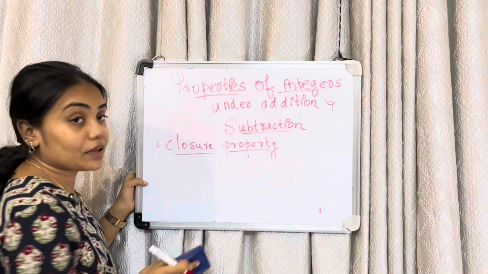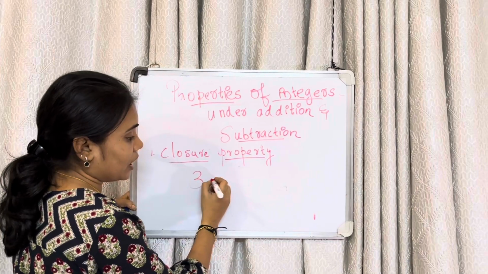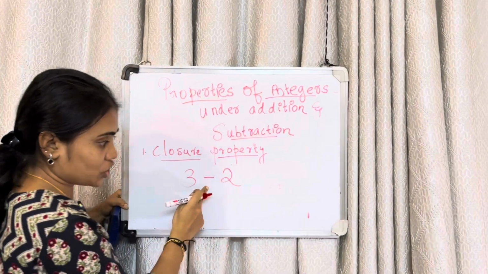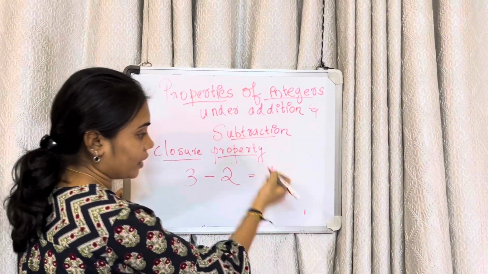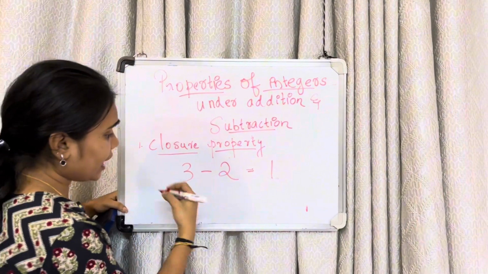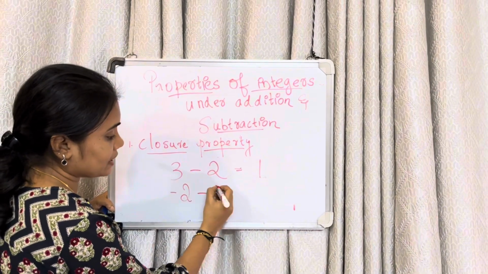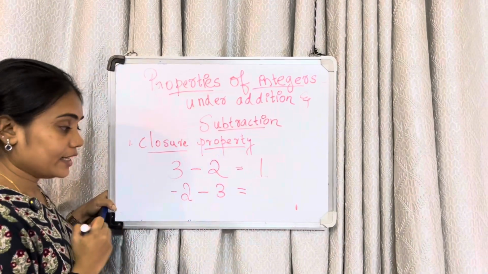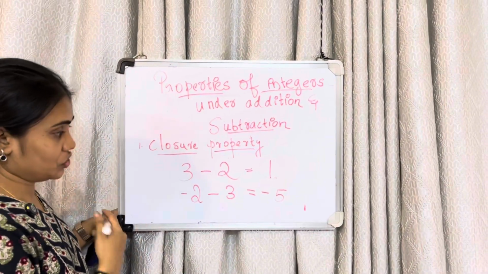For subtraction also. If I am taking two numbers, 3 minus 2, subtraction. I am taking two integers, 3 minus 2, I will get 1. Again I am taking another, minus 2 minus 3. What will I get? Minus 5. That is also an integer.